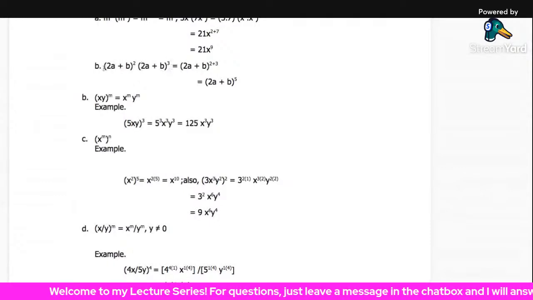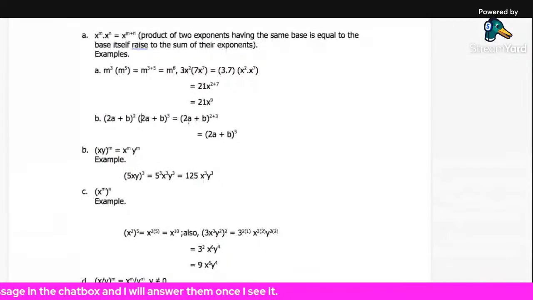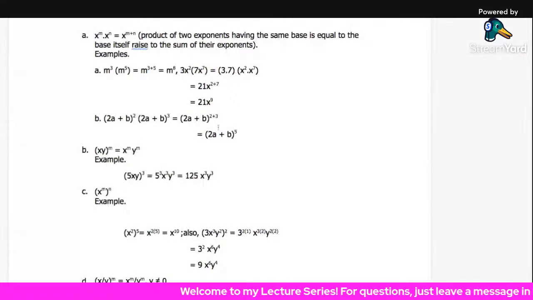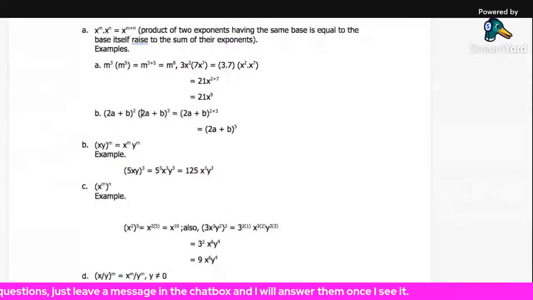So we say that they have the same base, so we can apply the first law. We just add their exponents. So this will become the quantity 2a plus b raised to 2 plus 3. These are their exponents, 2 plus 3. So this will be 2a plus b raised to the fifth power. Okay?